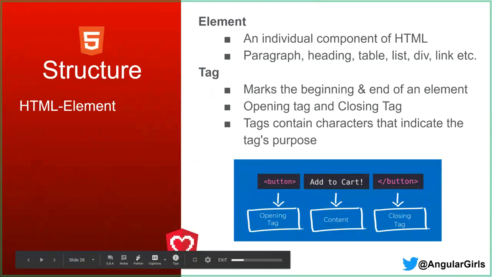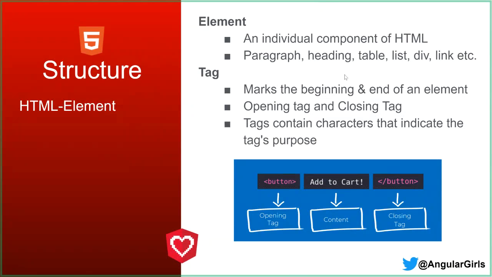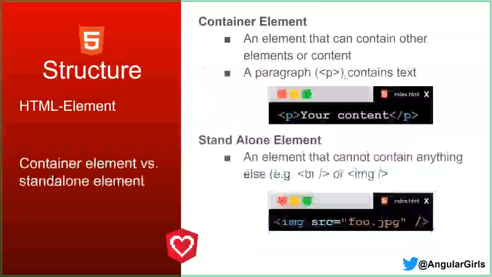So we have the words element and text. Text we already saw with the open, content and closing, and element is the element itself. For example, button element, link anchor element, and so on. We also have different kinds of elements like container elements or standalone elements.